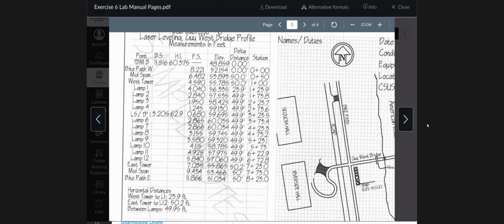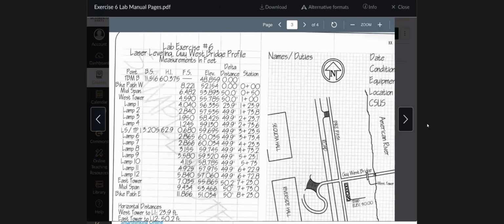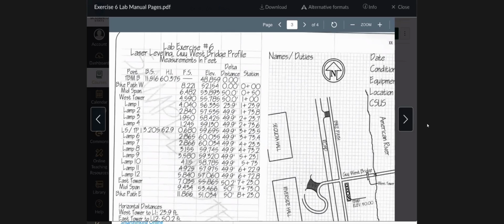So in your yellow lab book, your blank lab note sheet, you will create the chart on the left with the backsight we gave you. You'll calculate the height of instrument, and you'll use the foresights given to you in the CE9L exercise 6 PDF that I showed earlier in the Zoom meeting.